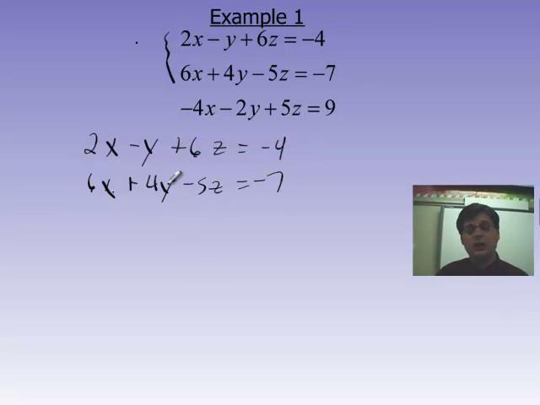All right, so if I'm going to eliminate y here, I need to have the same coefficient on both, and the signs need to be opposite, one positive, one negative. So I already have one that's positive, and I have one that's negative.